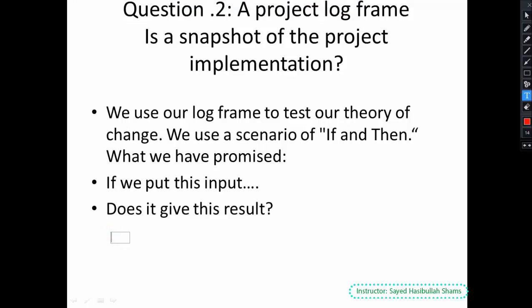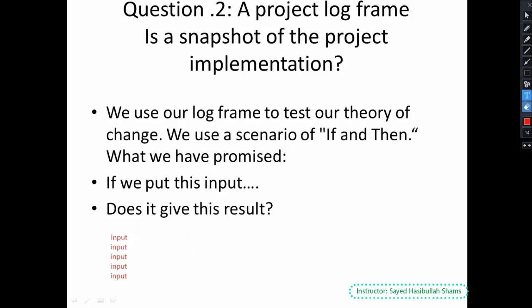For example, we have 5 input indicators in our log frame.